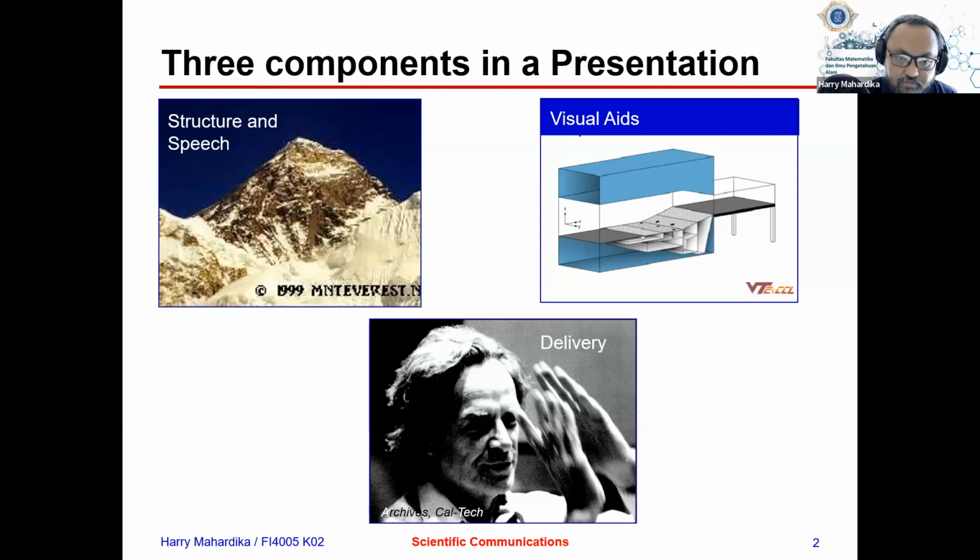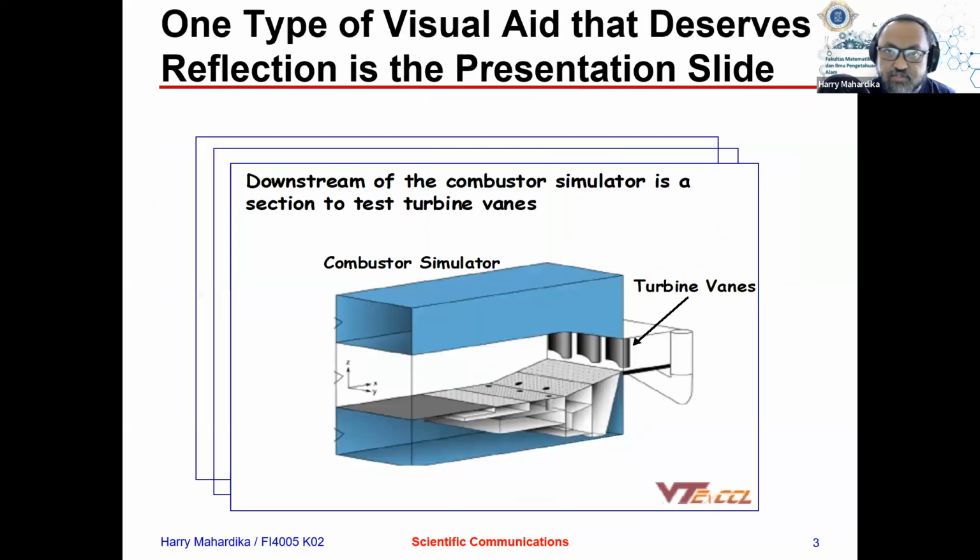And then one type of visual aid that deserves reflection is the presentation slides, where here it shows an example of how the combustor simulator is described, and the choice of words or fonts that is used in this type of presentation.